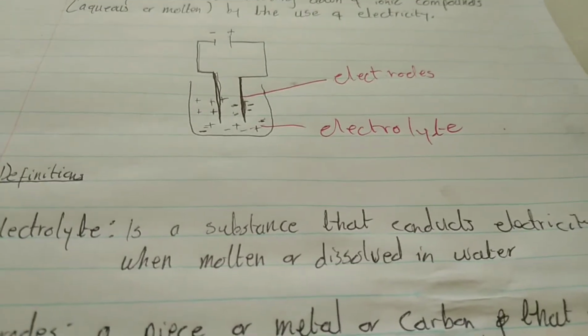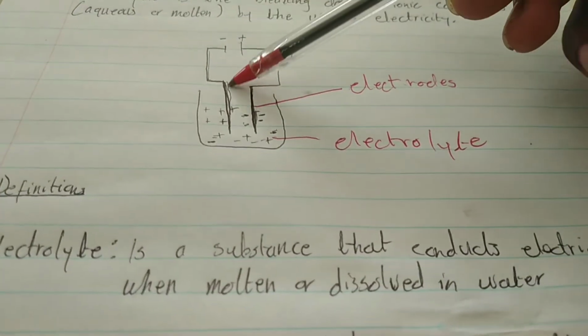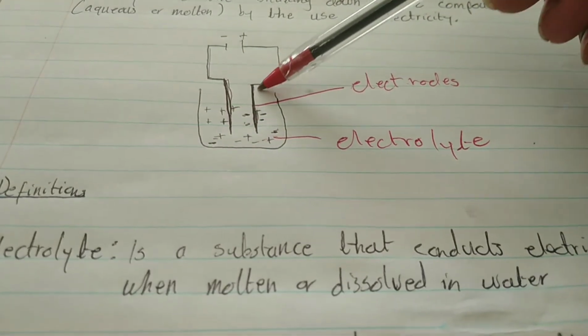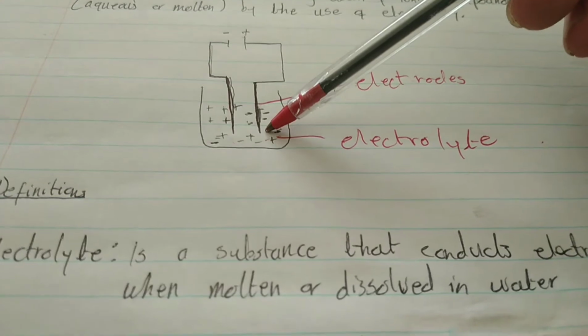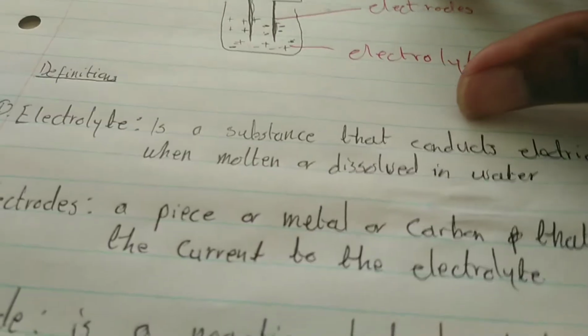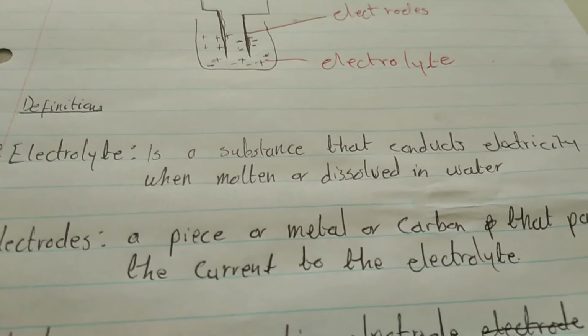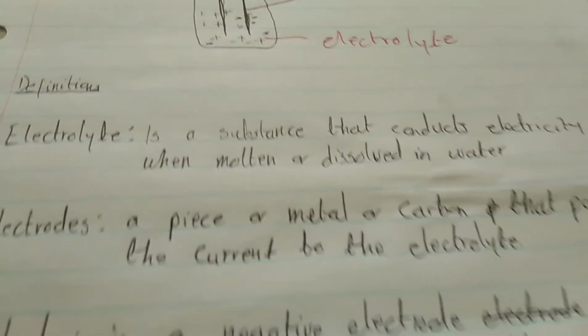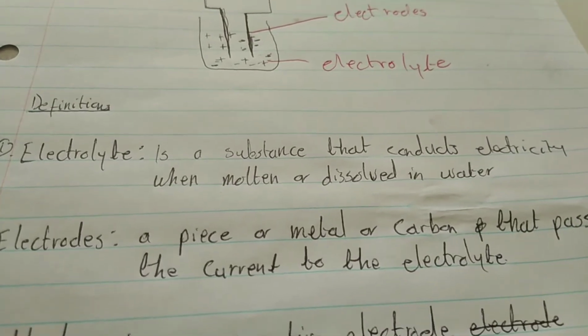Now we have what we call the electrodes. These are the terminals, the poles that we see here. Electrodes can either be a piece of metal or carbon that passes current to the electrolyte.